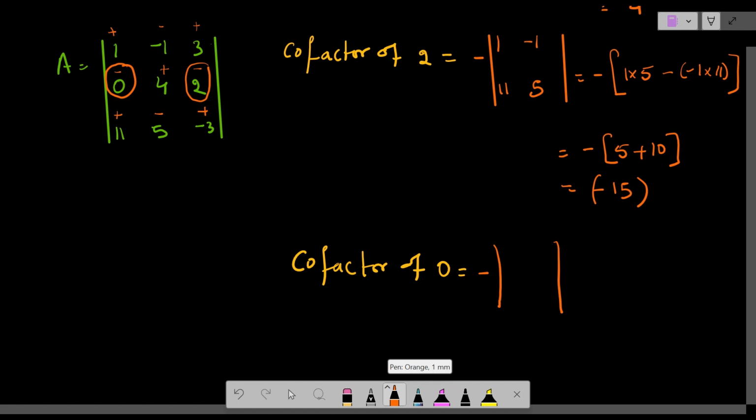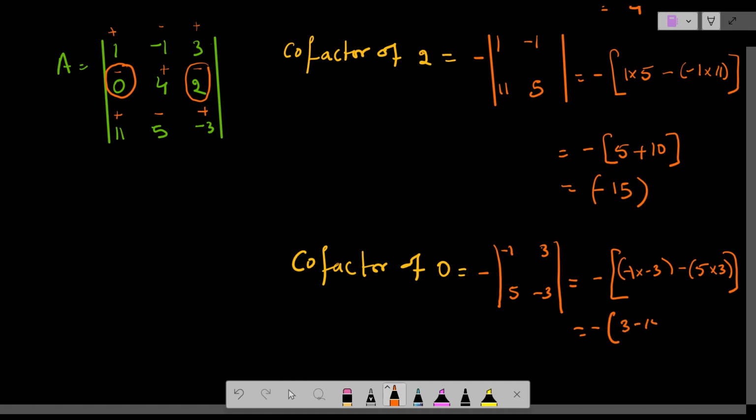See, this is -1, 3, 5, -3. Here the element 0 is having negative sign. So -1 into -3 minus 5 into 3. Understood, students? So negative 3 minus 15, that is equal to negative minus 12, that is equal to positive 12. Did you understand, students?